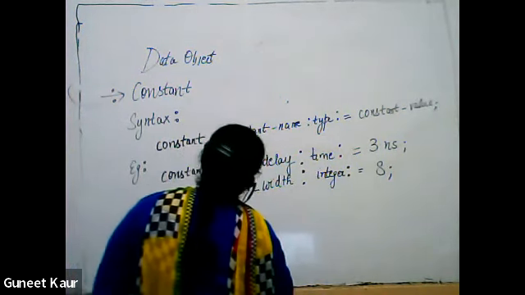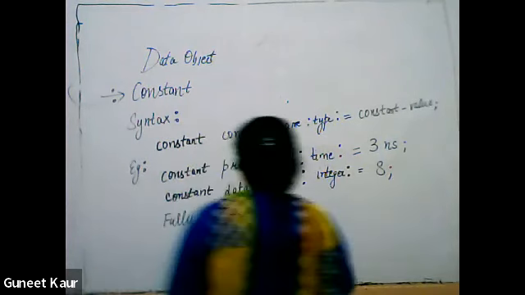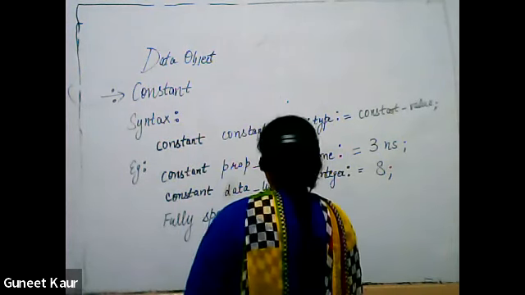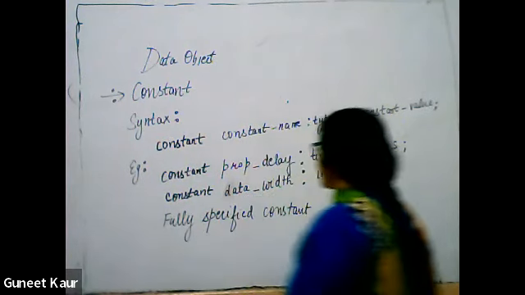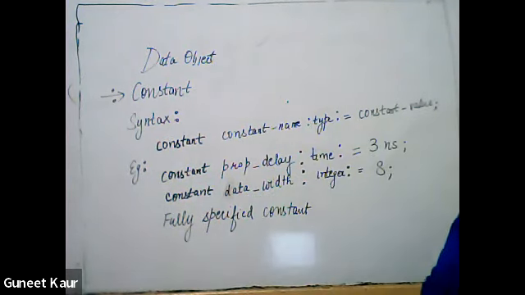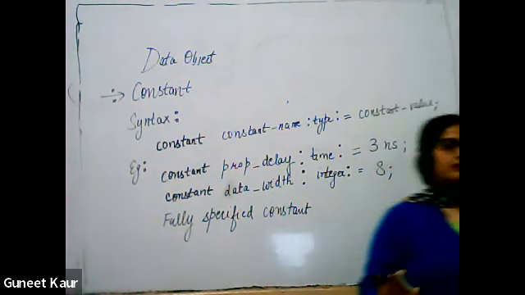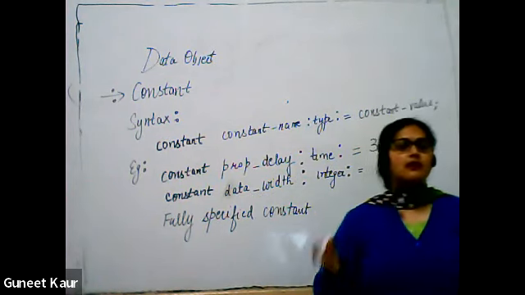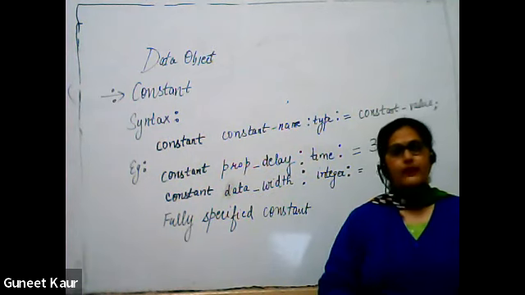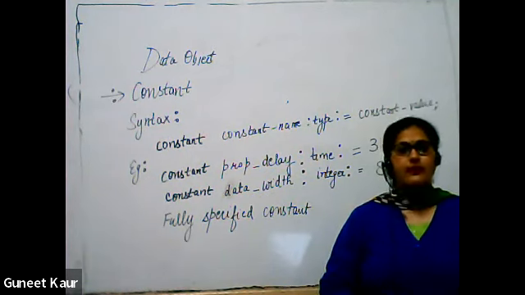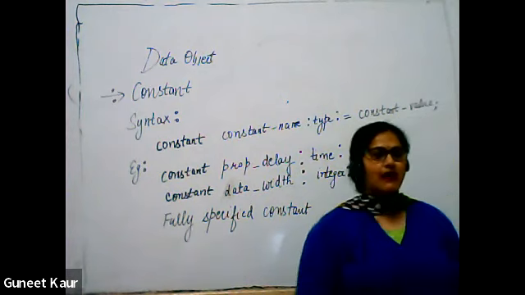By name, we come to know that everything related to the constant object is fully specified: with its constant name, its type, and its constant value in the package declaration part.